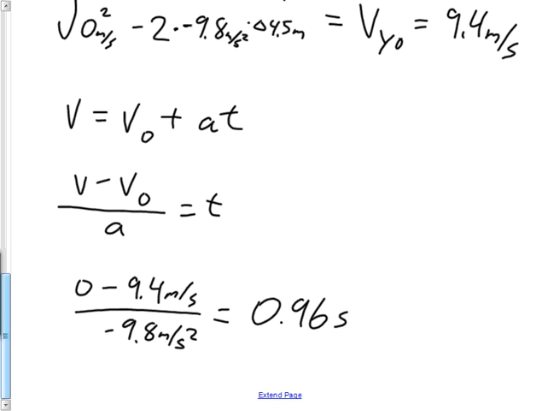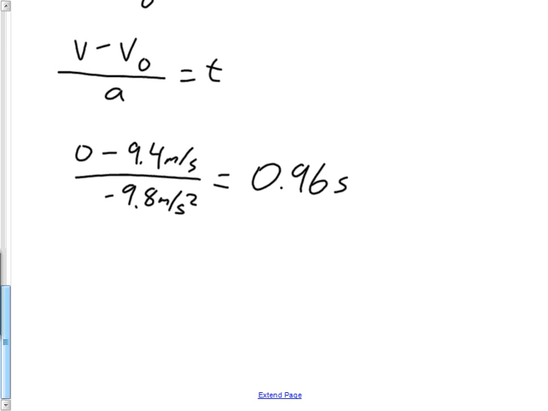So a time of 0.96 seconds, and now that I have a time, we can do something very simple here. Keep in mind that the amount of time it takes for it to go up in the vertical, it's the same time that it's taking to go in the horizontal as well. So let's look at some things that I have.